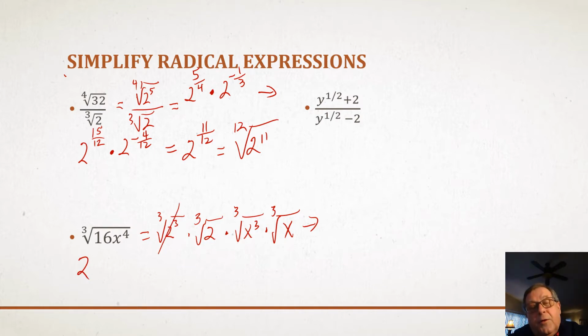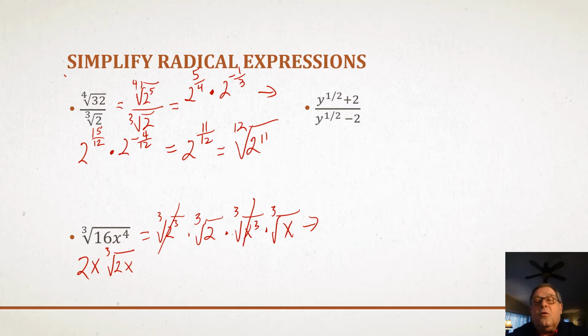And the cube root of x cubed is x. This one out of the way. And then that leaves me with the cube root of 2 times the cube root of x, which I can then write as the cube root of 2x. And shazam, we have simplified that expression of the cube root of 16 times x to the 4th.